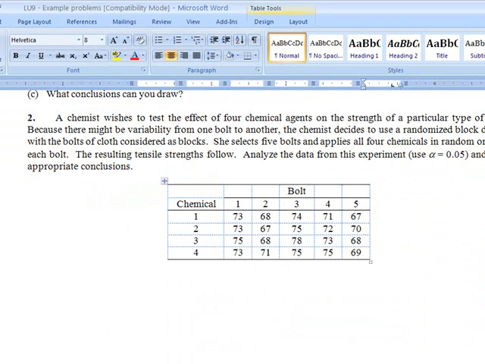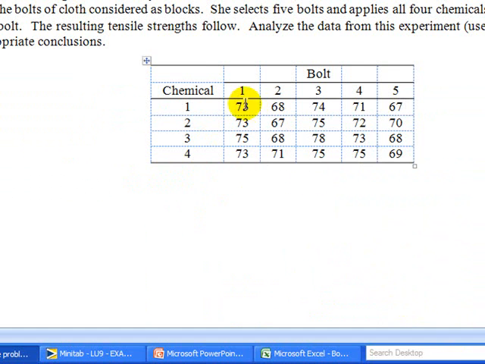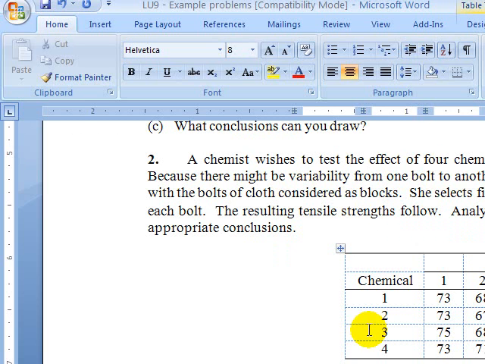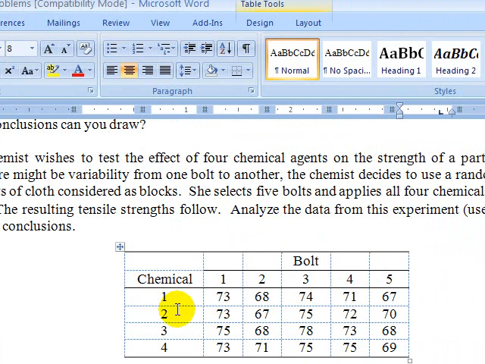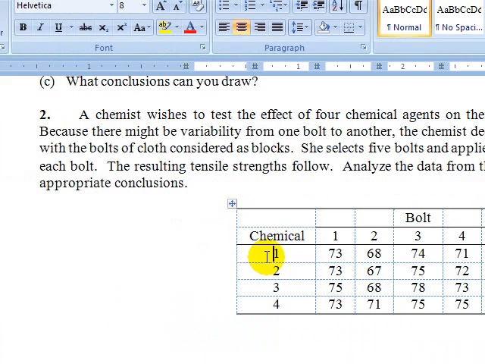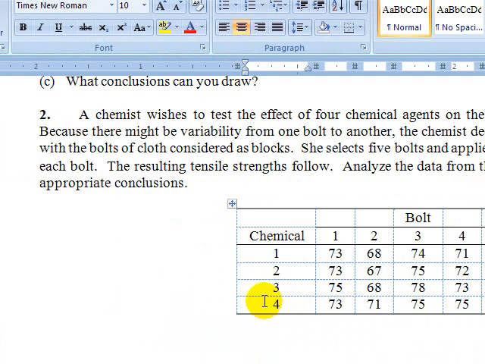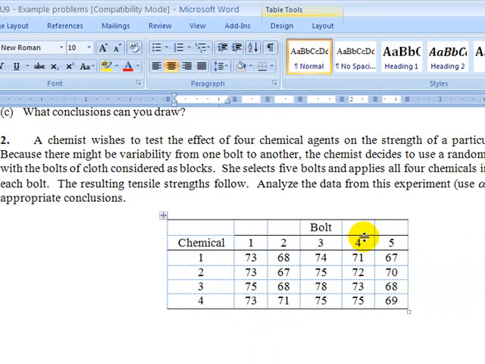and draw appropriate conclusions. So basically, in this experimental design, what we want to know is whether the chemical agent has an effect on the strength of the cloth, right? So we have 4 different chemical agents, and there can be a variability from one bolt of cloth to another.